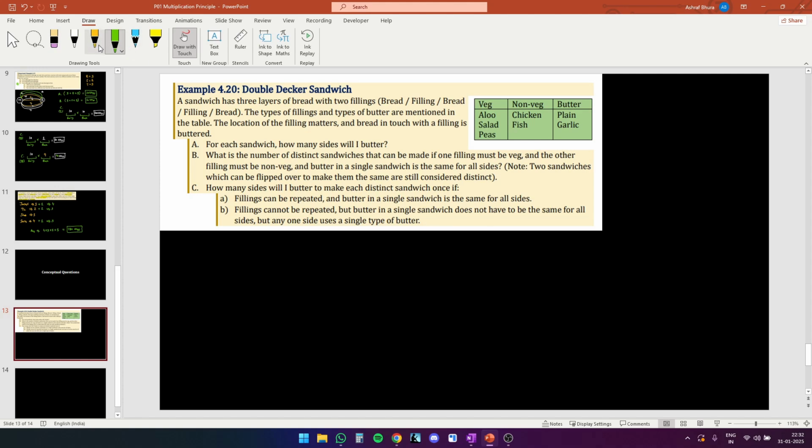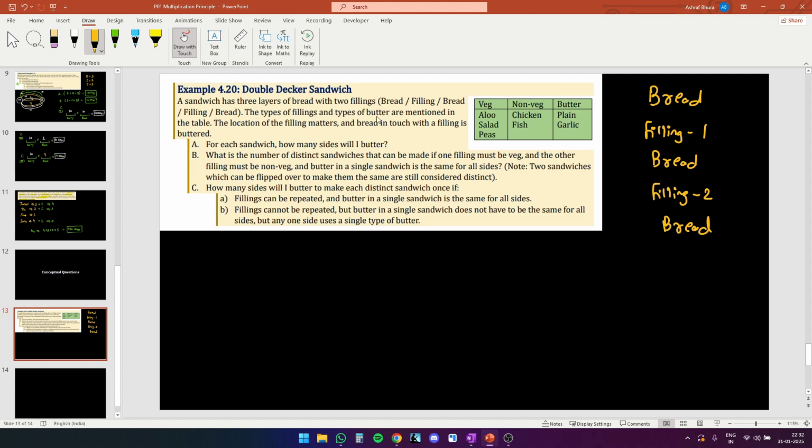A sandwich has 3 layers of bread with 2 fillings. So the sandwich is like this. First we have a bread, then a filling one, then again a bread, then the second filling, and then a bread.